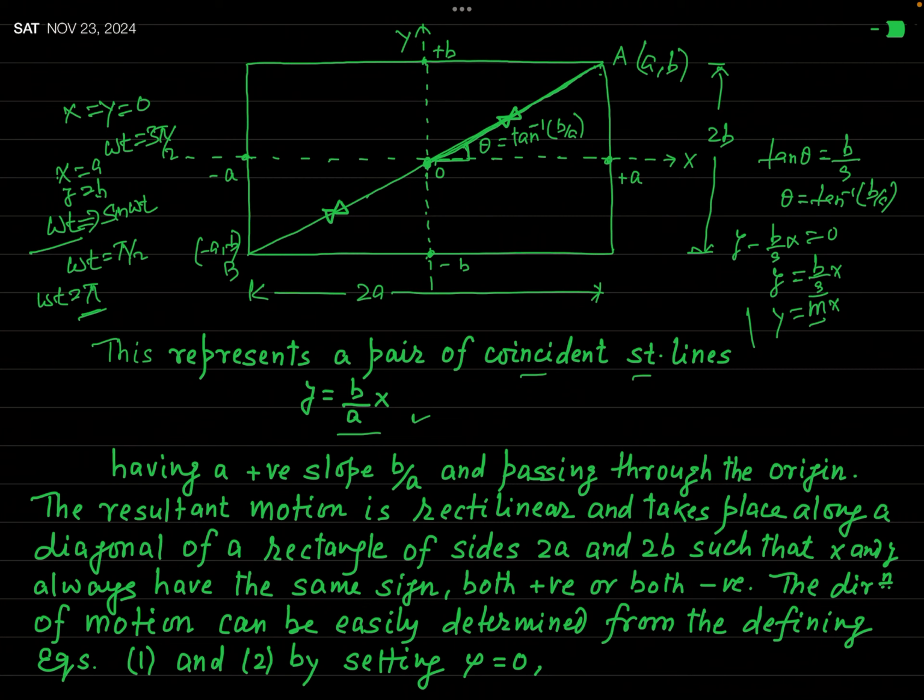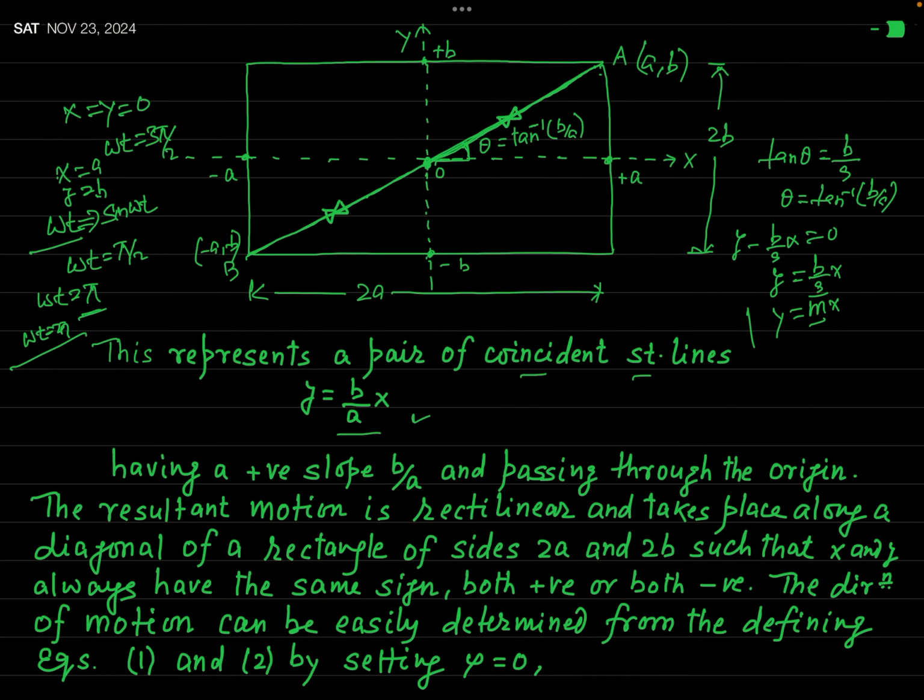Okay. But after that, again the value of sine omega t will increase with increase in time, and finally it becomes 0 at omega t equal to 2 pi. So you can see in a complete cycle how the particle moves.